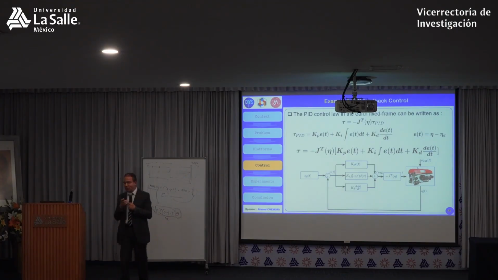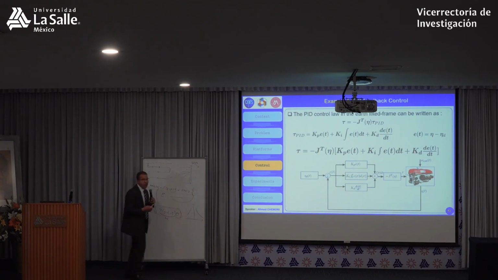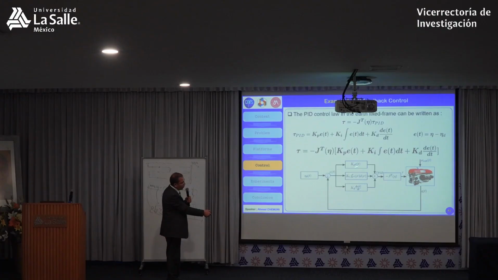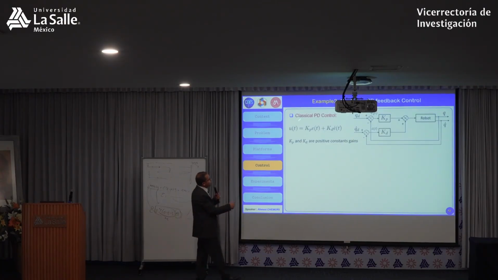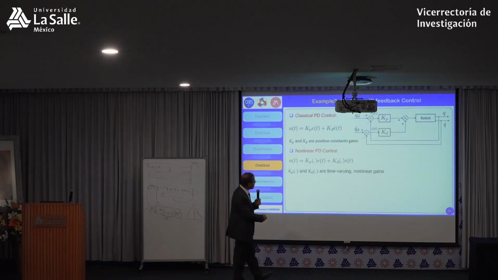I explained in the previous lecture the case of using time varying gains like that. So this is the idea of nonlinear feedback gains. So you can use it here to tune or to choose the nonlinear feedback gains, proportional, integral, derivative, and this is the idea. You start with a controller where Kp and Kd are constants, and the idea is to make them time varying.